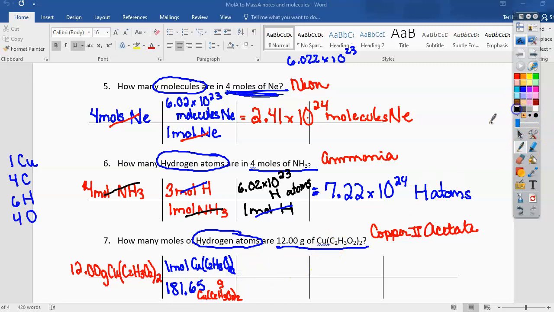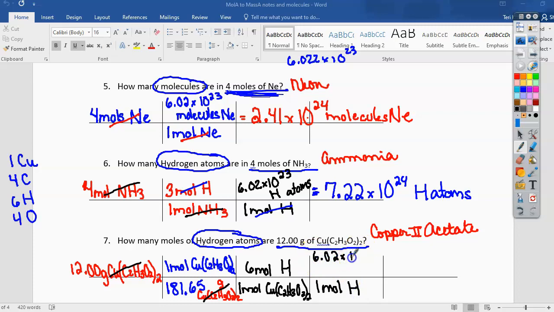So if I cross out my units, my grams cancel. Now I'm left with 1 mole of copper 2 acetate. But I do not want copper 2 acetate, I want hydrogen. So I have to bring 1 mole of copper 2 acetate down here to cancel. And I know there's 6 moles of hydrogen in my copper 2 acetate. Then I can say 1 mole of hydrogen down here to cancel.